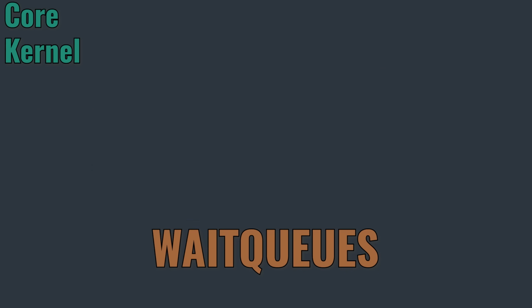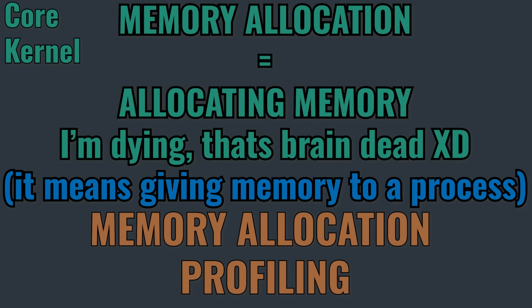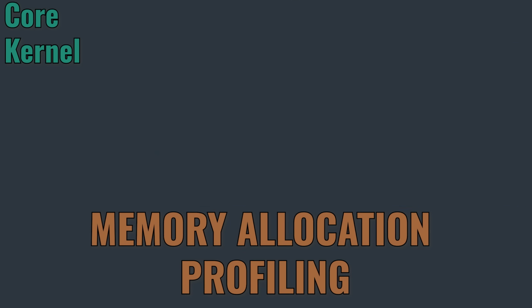Now we also have a new memory allocation profiling subsystem that has been added. Memory allocation means allocating memory. We can now see how much memory is allocated per specific part of the kernel and see if there's any memory leak, see if it's using too much memory for some reason.